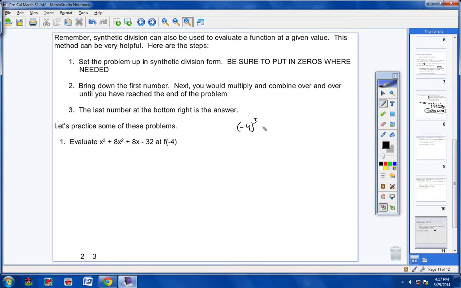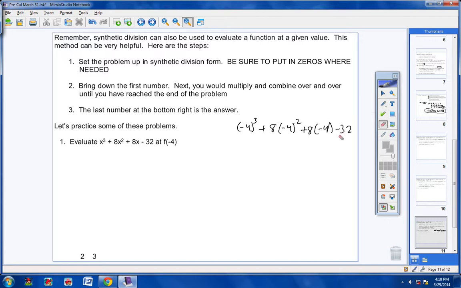You would put a -4 in for x to the 3rd power plus 8, and then put a -4 in here, squared, and then you would put a positive 8, and then a negative 4, and then a negative 32. Okay, and then we have to do all the math on this and take negative 4 to the third power and negative 4 to the second power and negative 4, then do your multiplication, do your adding and subtracting and all that kind of stuff.